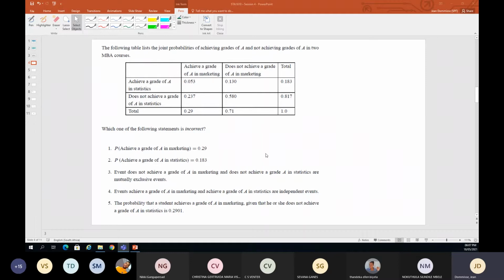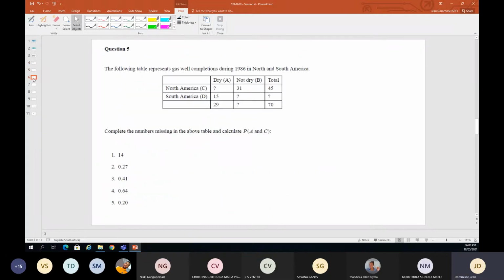Okay, so basically you can get probability questions where in this instance the probability has already been completed, or you can get a table like, let's just quickly see, like in this question where it is the sample numbers and you need to work out the probability.